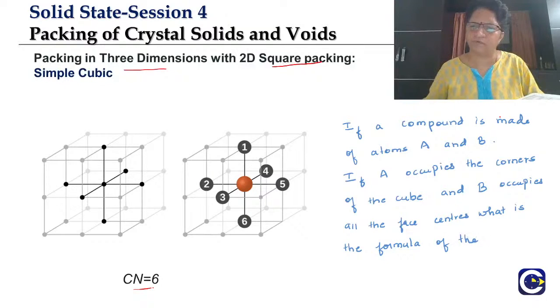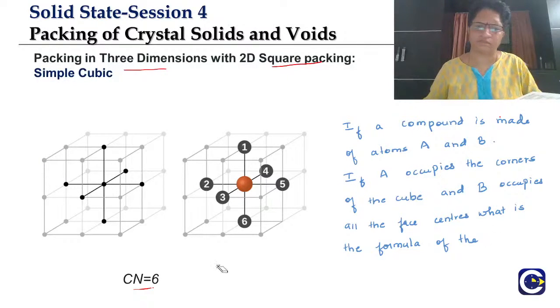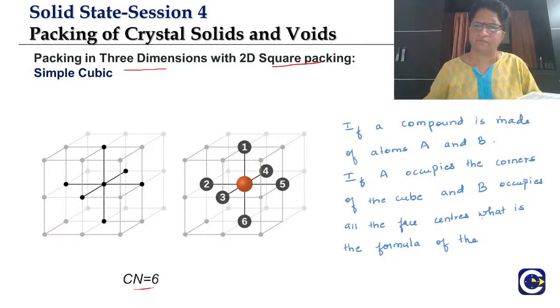Let me give you two questions, one on the mixed oxide. What is the formula of the compound? This is the first one.